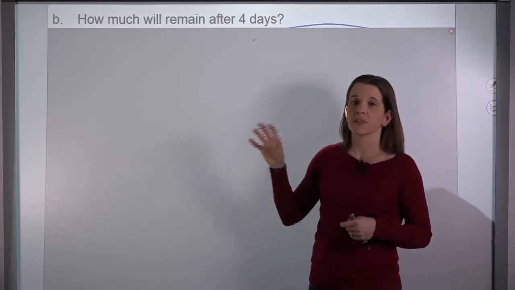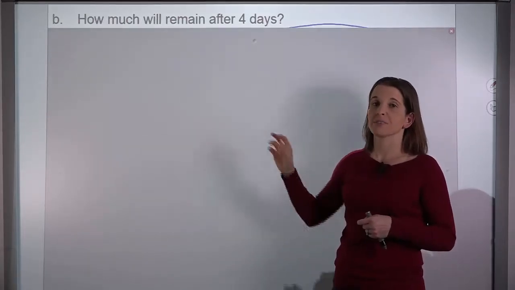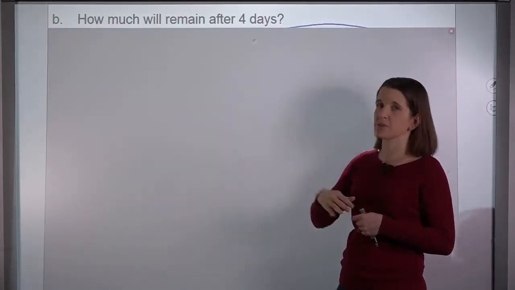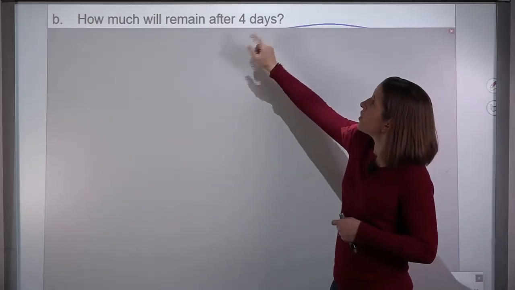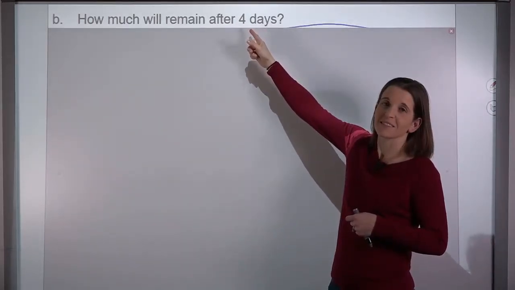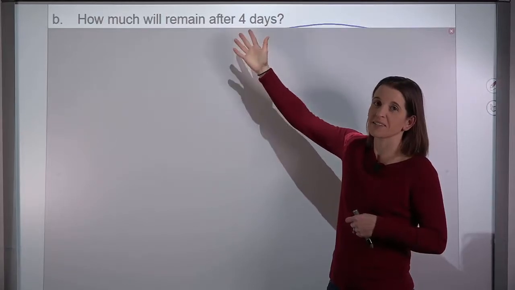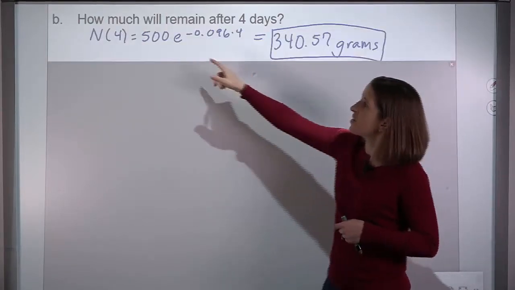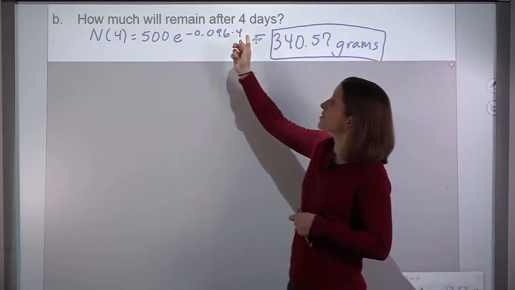So in B, it says how much will remain in 4 days. So remember that this function does model how much is left after that amount of time, not how much you've lost, okay? And so 4 days, that's a time. And so I'm just replacing t with 4. That's it. So I take my function that I just wrote, and I plug 4 into it.